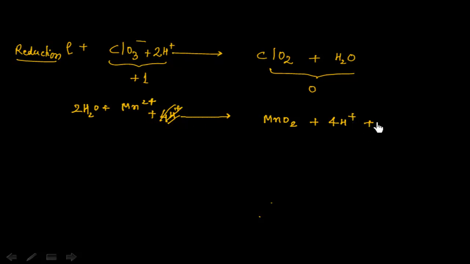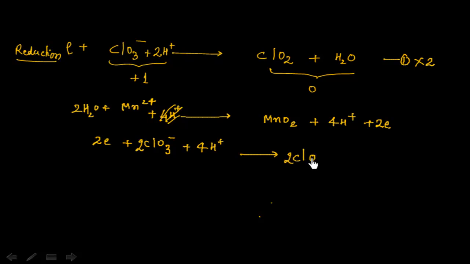And this side we will have 2 electrons. Now if I multiply this equation by 2 and add, so let us say multiply this equation by 2, and this will give you ClO2.